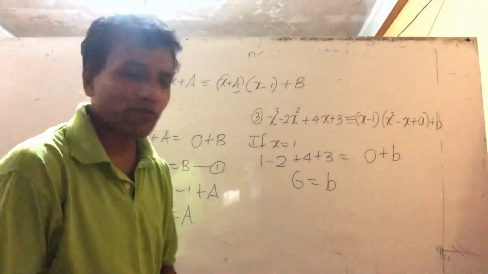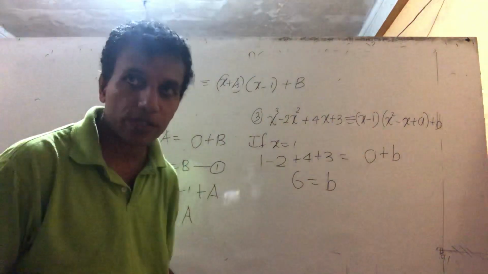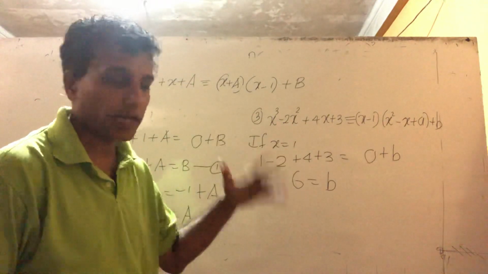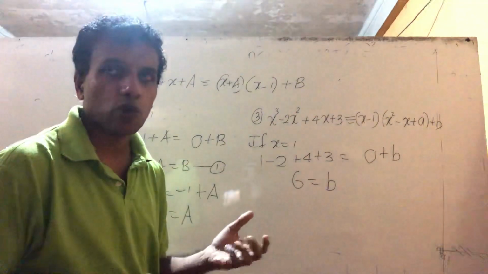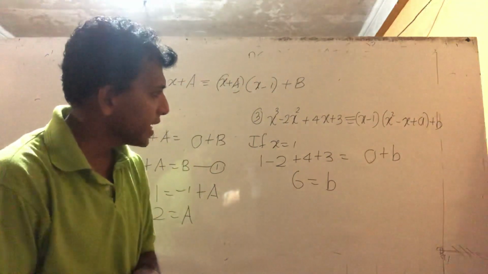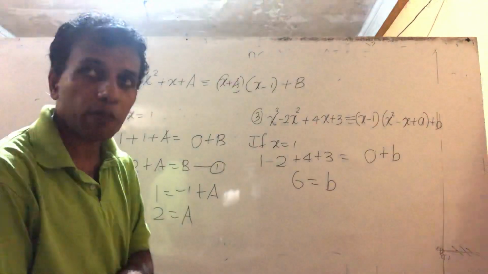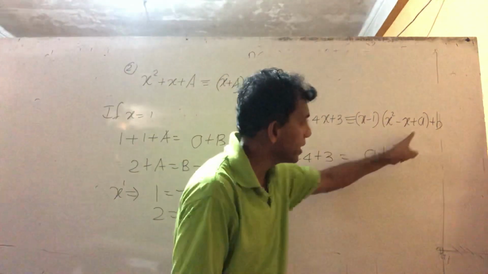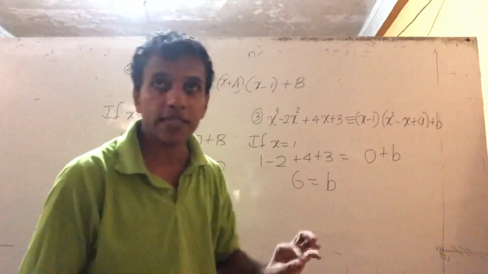You can apply x for 1, or x for 2, x for 3, whatever, any values, since this is an identical polynomial on both sides. So various values you can apply, but sometimes it is difficult and too long. Therefore, it is better we take the coefficient. Equate the both side coefficients properly. Which coefficient is the best? You see minus a: if you multiply the bracket, minus 1 times a is minus a.